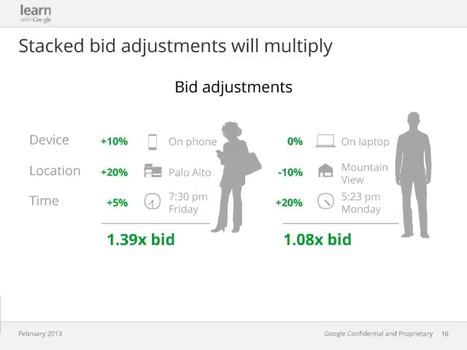I want to bid $1 times 1.1 because you have the device, and then you multiply that by 1.2 to get 20%, and then you multiply by 1.05, right? And if we've done the math right, you get a 1.39 times bid. So that's what we talk about in devices on the example on the left.